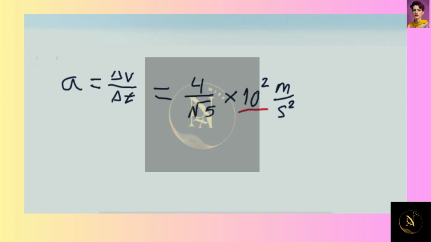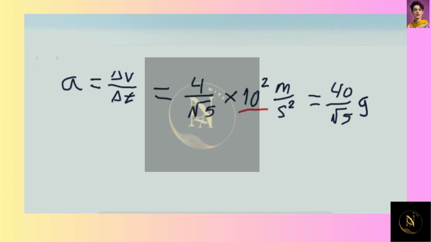We have 10 squared, so we can just turn one of those into g. And then the other 10 can get absorbed into the 4 and make it 40, and then you just have g. So we can say this is basically 40 over root 5 g. Cool.